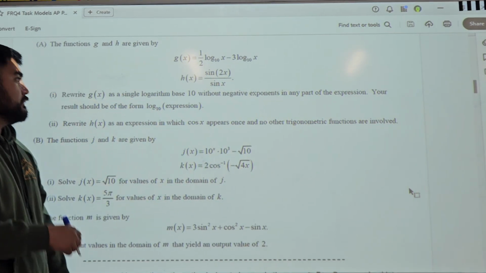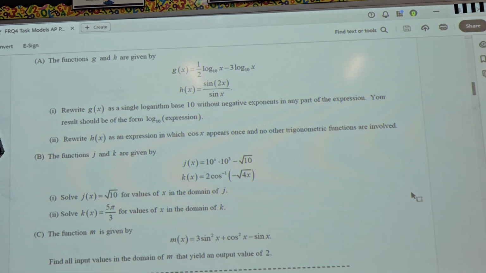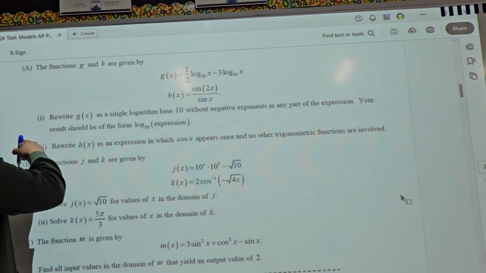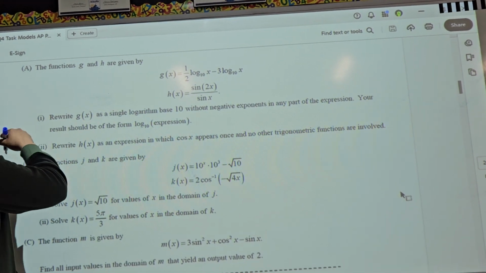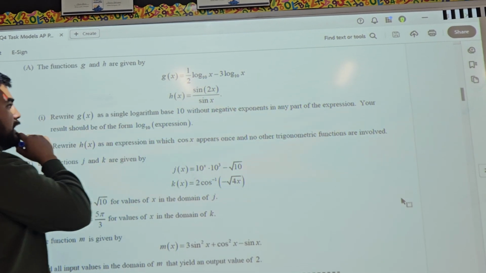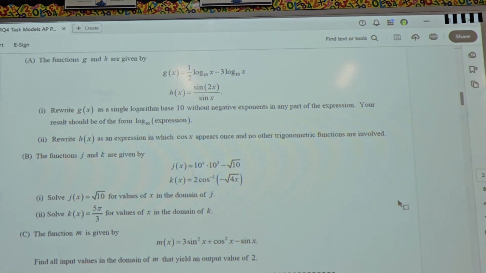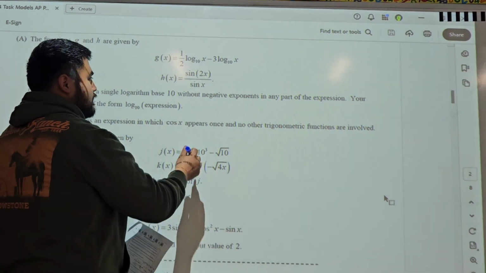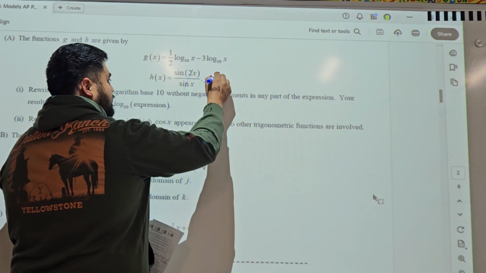And go. So let's continue with FRQ4 and the identities. Notice in this example, on part A, h of x has the trig: sine 2x over sine of x. You're probably thinking, sir, can I just simplify and end up with sine?